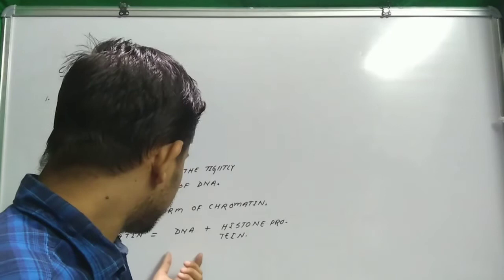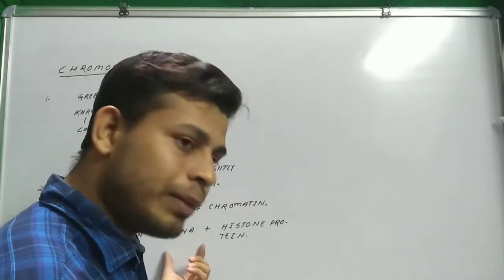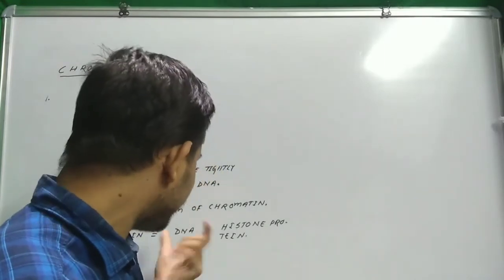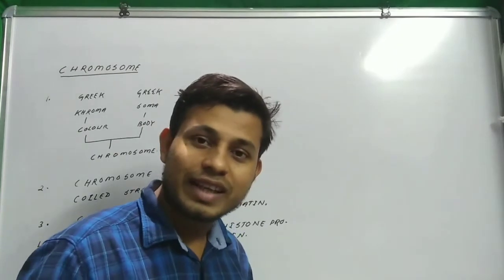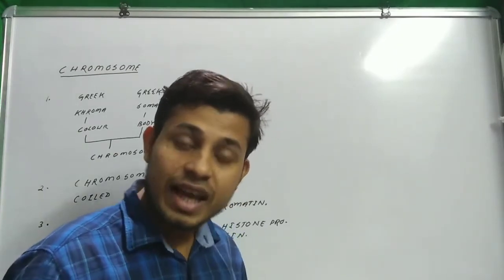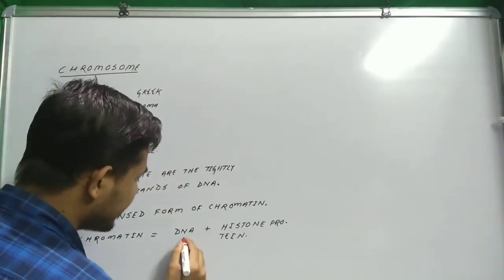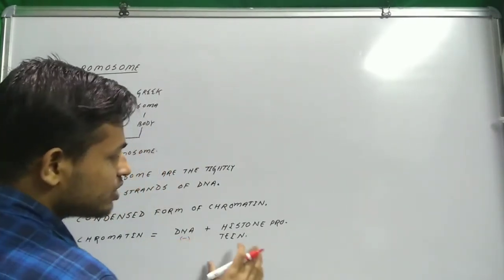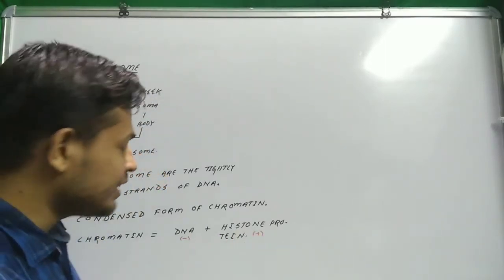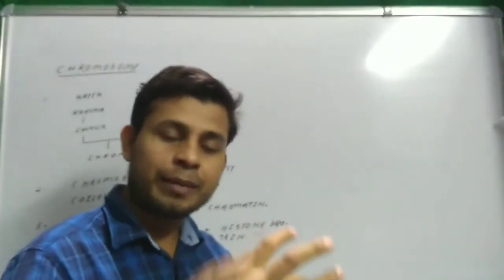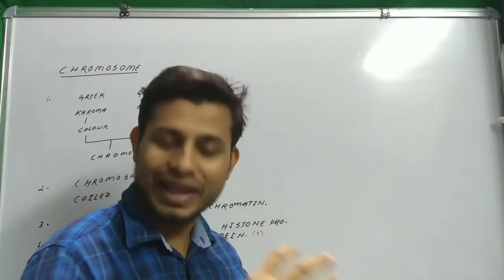It has the acidic group H3PO4, phosphoric acid, and because of the phosphoric acid, the charge on the DNA is negative, whereas the charge present on the histone protein is positive. This histone protein forms an octamer, in which the DNA wraps.